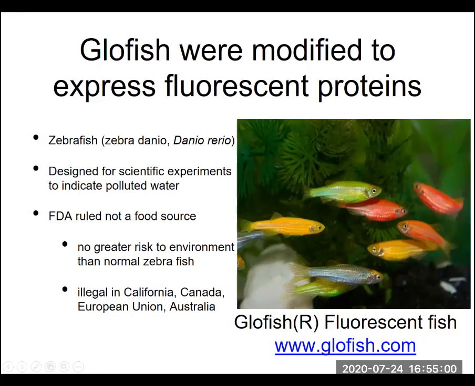They've got this interesting characteristic we can look at. Still, they're illegal in California, Canada, the European Union, and Australia. Again, because there is a fear that there's something going on with these fluorescent fish that we don't know about, and there are risks that we need to think about.